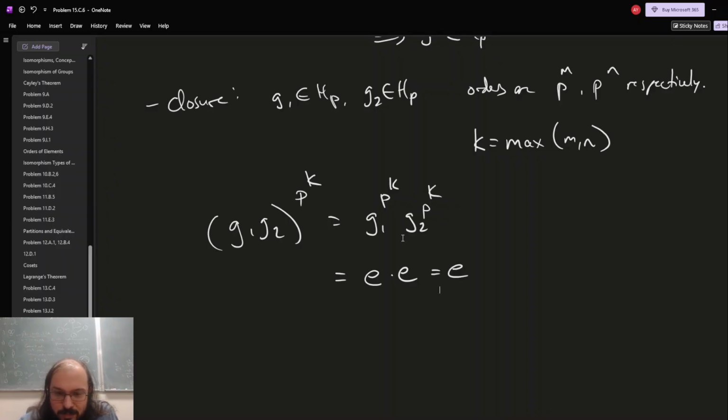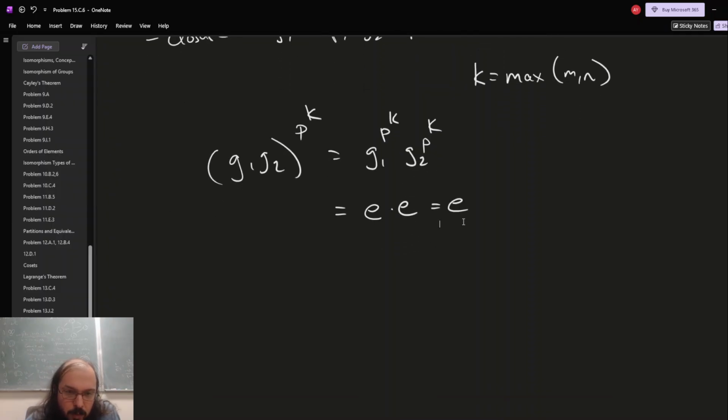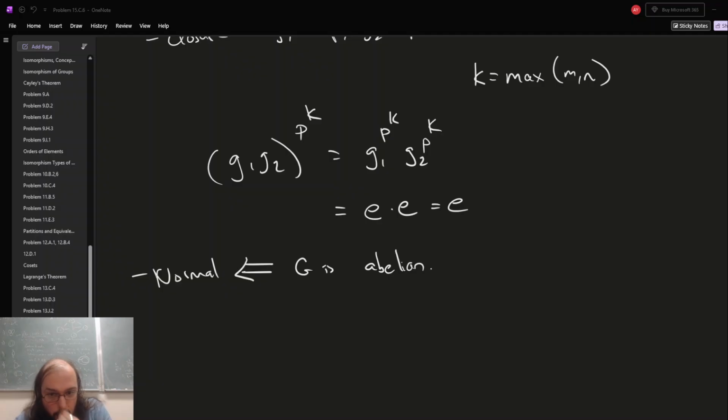So you get e. All right. Why is it normal? Because G is abelian. When you have an abelian group, every subgroup of an abelian group is automatically a normal subgroup. So nothing wrong here.